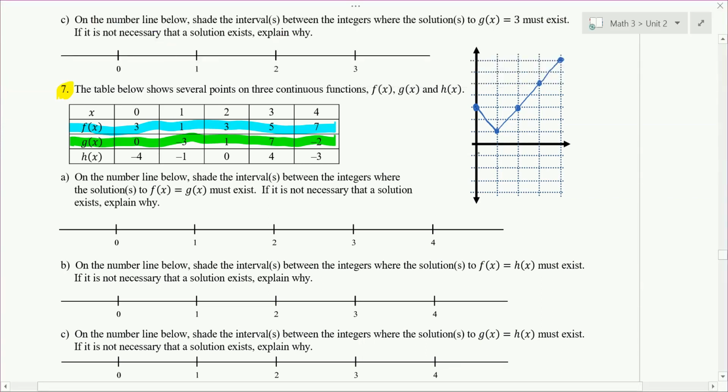So 0, 0, negative 1, negative 3, 1, 0, sorry, 2, 2, 1, 3, 7, and 4, negative 2. Again, I'm going to just connect the points with the shortest distance possible.